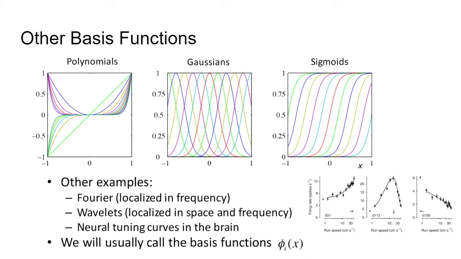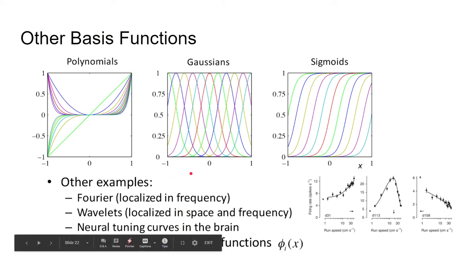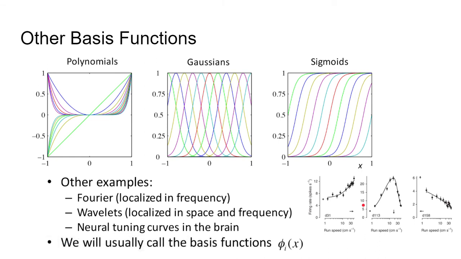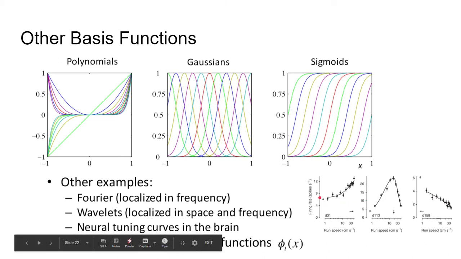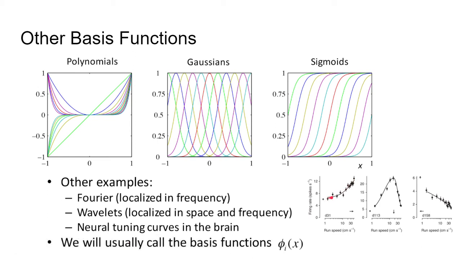Indeed, when you look at neural activity in some parts of the brain, you can even start seeing basis functions right out of there. So for instance, this data over here is a bunch of neurons. This is going to be a rat. I don't remember where in the rat brain, somewhere, probably rat cortex. I will double check that. As you change the speed that the rat is running at, the neuron changes its firing rate.